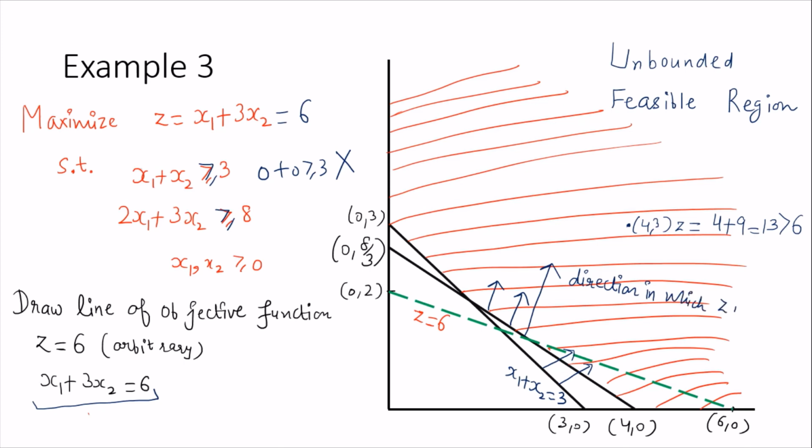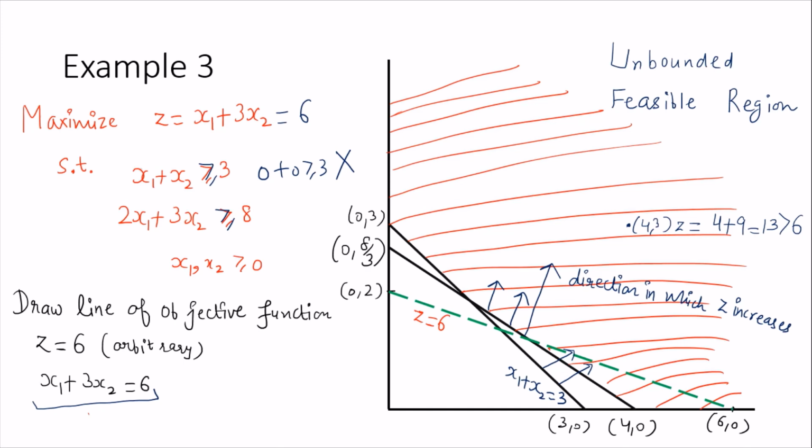Whenever you draw the line of the objective function, on either side of the line you choose an arbitrary point and check whether the value of z is higher or lower. If the value of z is higher compared to what it is on the line, that is the direction in which z is increasing. Therefore, to maximize z, I have to move in this direction. This step is called identifying the direction in which z increases or decreases. Here we are maximizing, so I have identified the direction in which z increases.